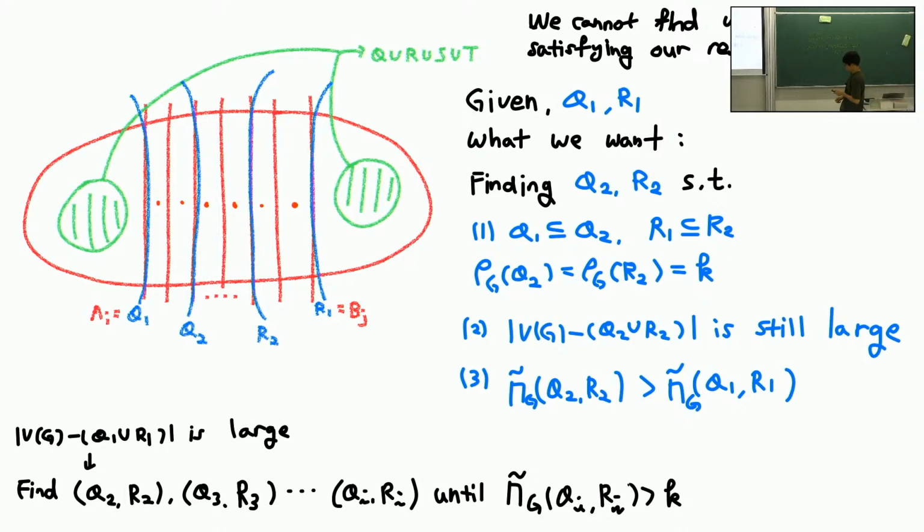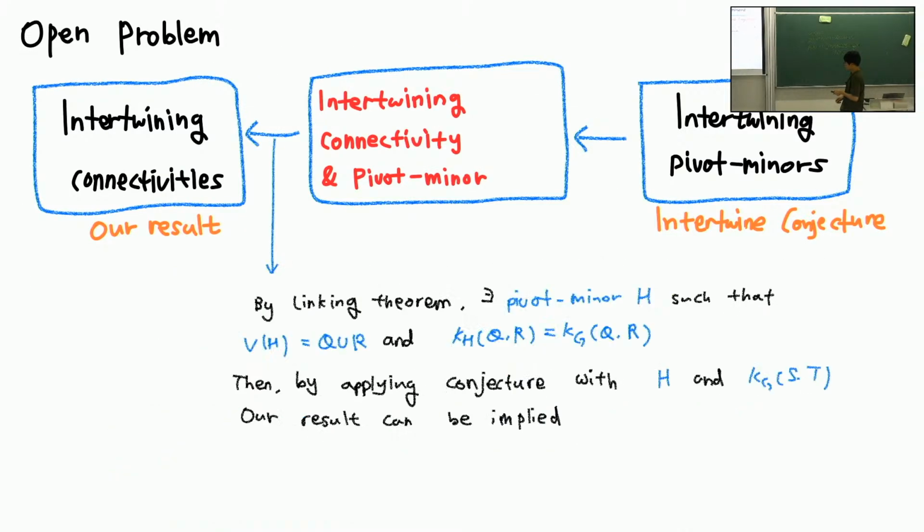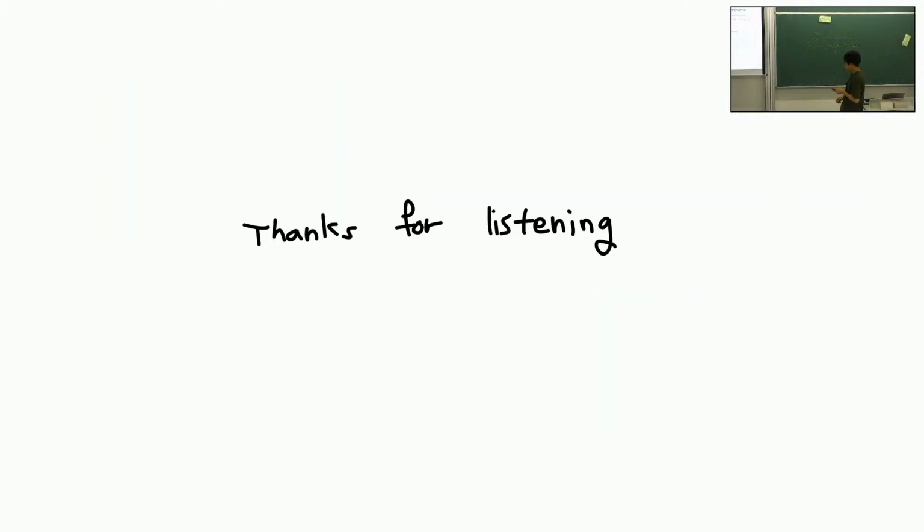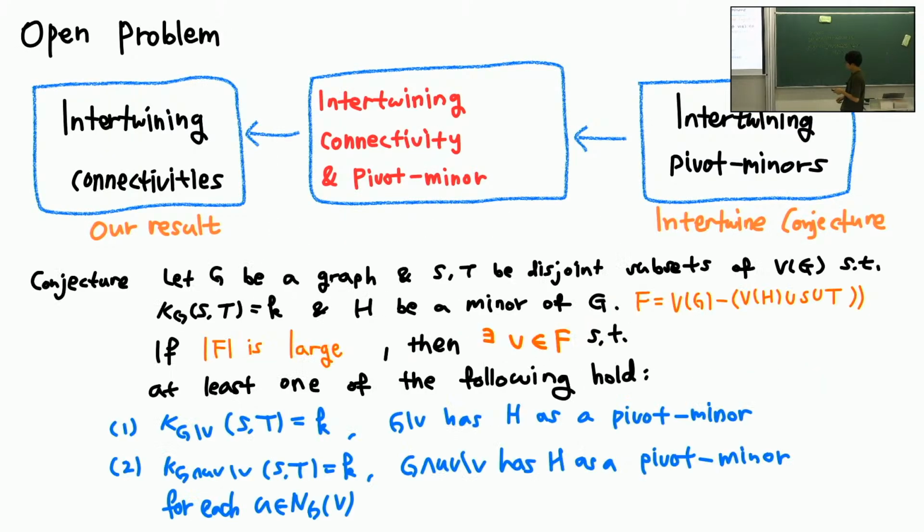Then because in H the connectivity between Q and R is the same as that of G, actually preserving H as a pivot-minor also implies that it preserves the connectivity between Q and R.